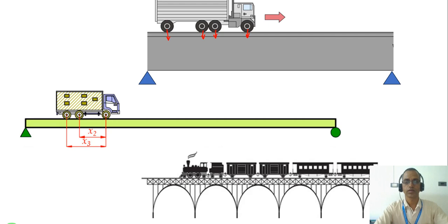is drawn for beams when a moving load, such as a truck moving over a bridge carrying the wheel load as a point load. So the response quantity due to this wheel load is to be determined.